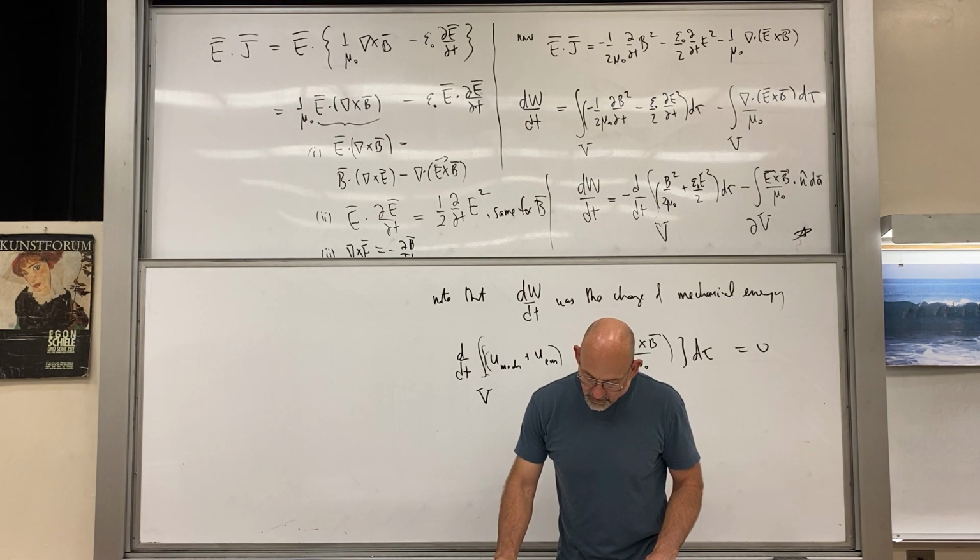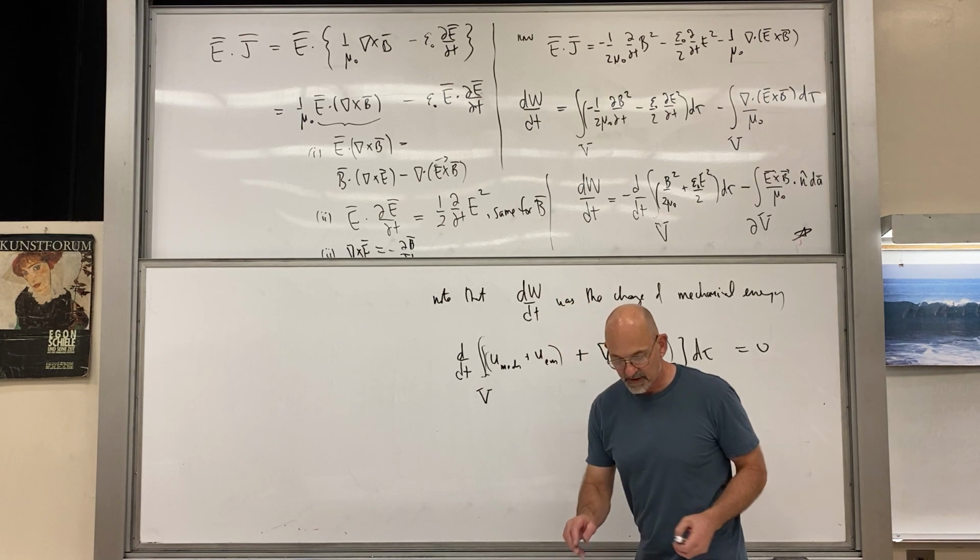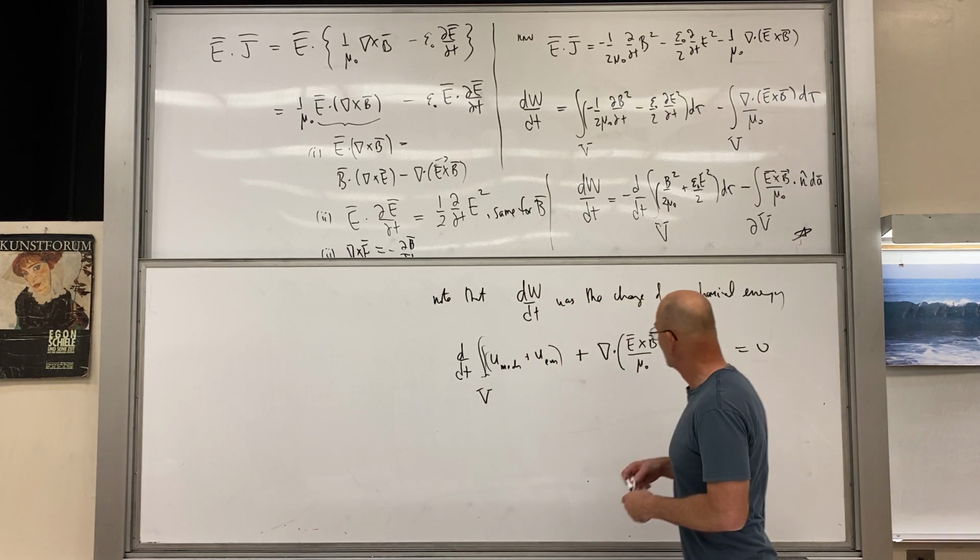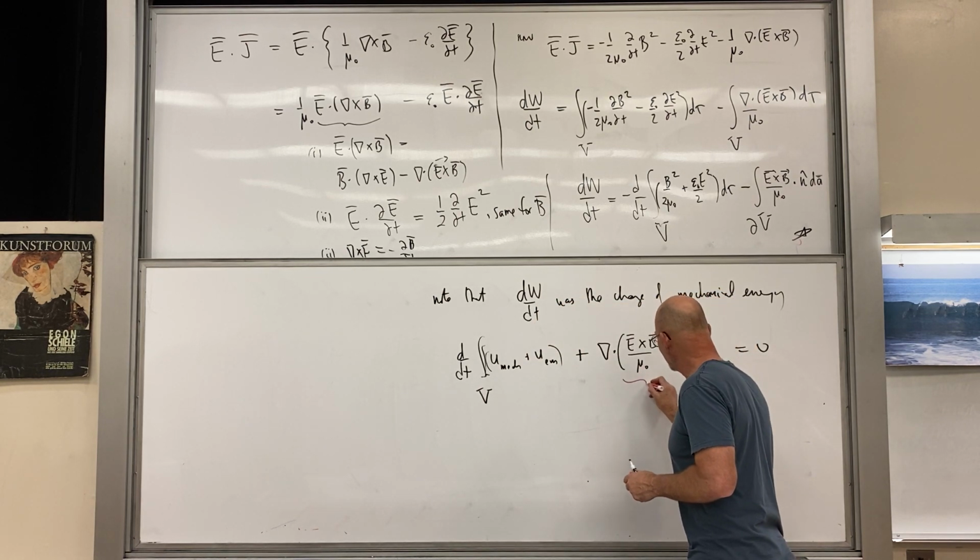I can define things right here. So this is called the Poynting vector.